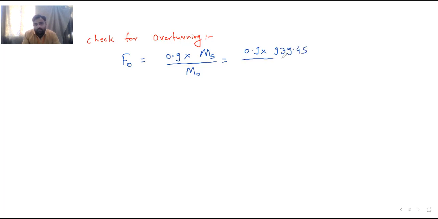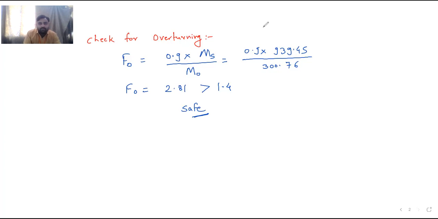So 0.9 into 939.45 divided by 300.76. If you calculate this, what will be the value? So FO, the factor of safety, is 2.81, which is greater than 1.4. Okay, so this is safe.